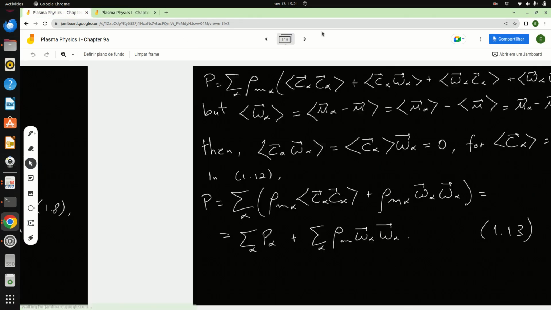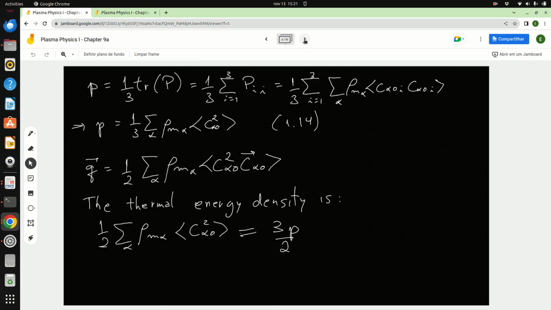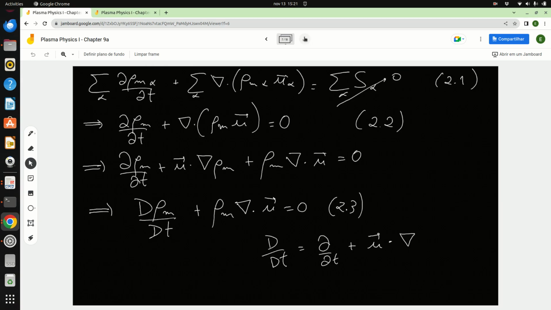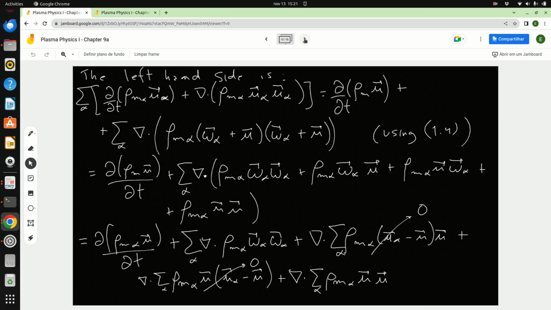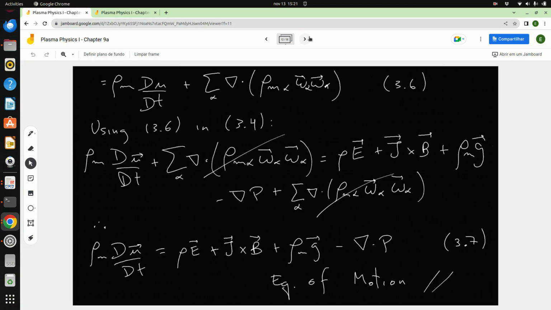So 2.3. We start with this. Okay, we have a continuity equation here. Then 3.7. Where is it? Here. Okay, equation of motion.